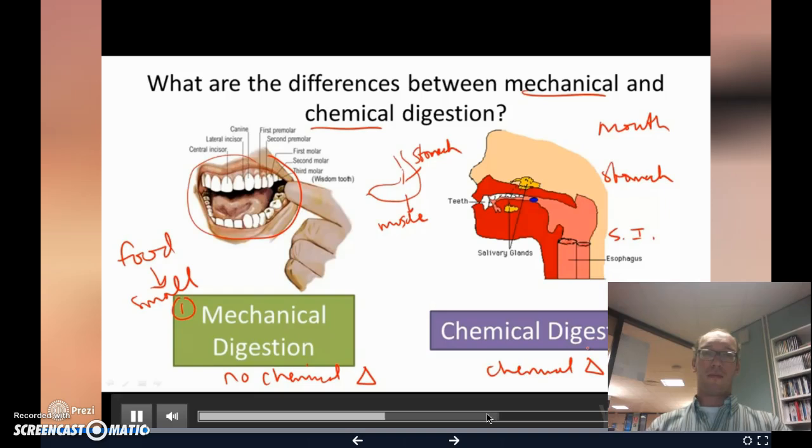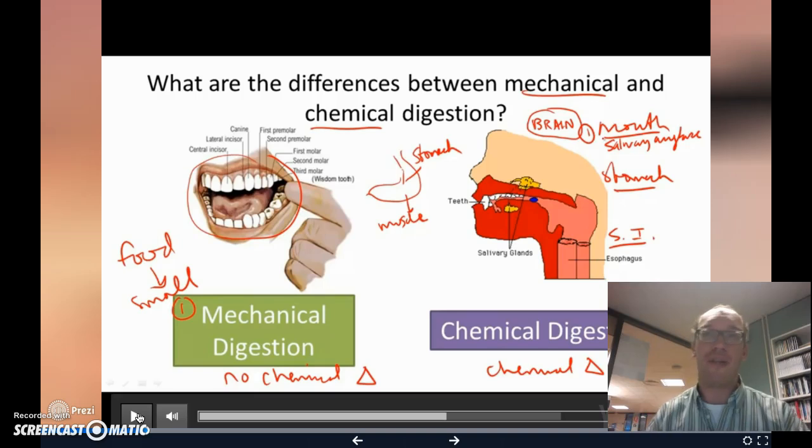So even before you start eating, your brain actually signals for the release of certain enzymes in the mouth. And this starts the process of chemical digestion. An enzyme known as salivary amylase will break down carbohydrates into simple sugars called monosaccharides. So that's the first step of chemical digestion.